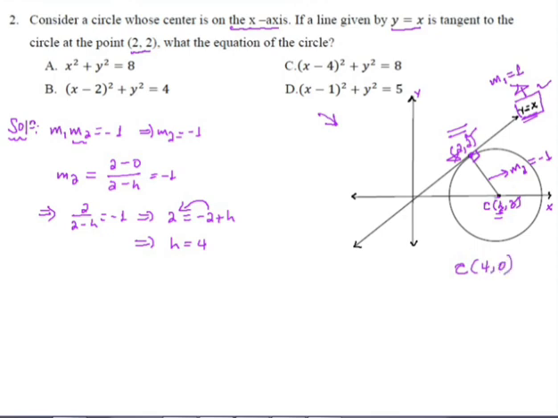We know the center of the circle and we know the point of tangency (2, 2). So using the distance formula between the center and the point of tangency, we can determine the radius.